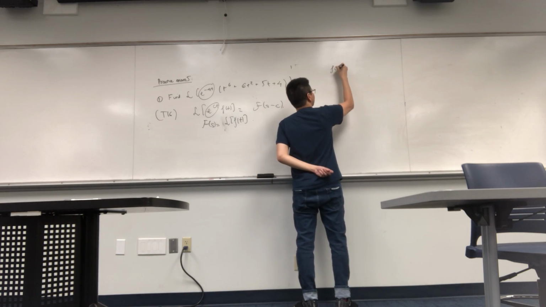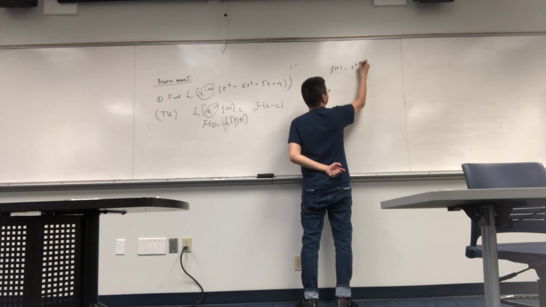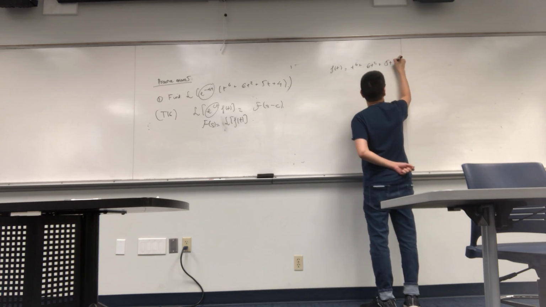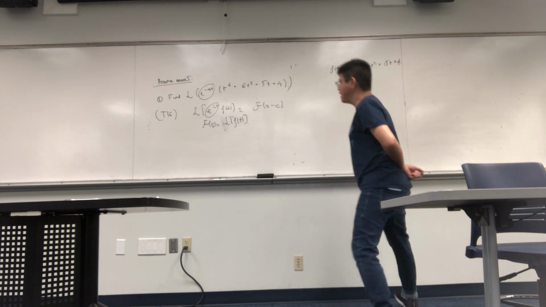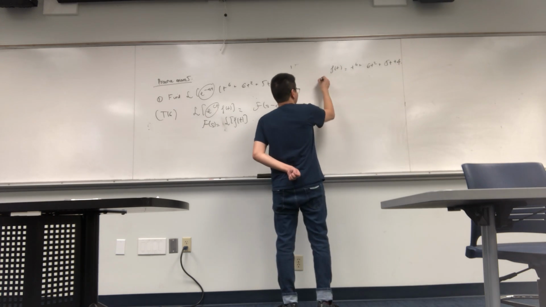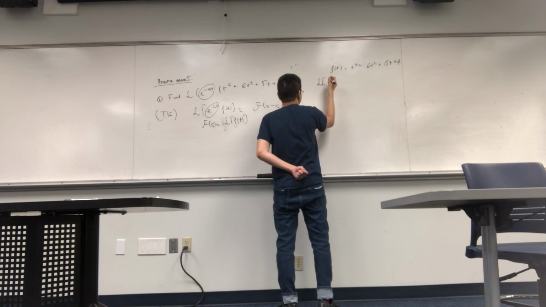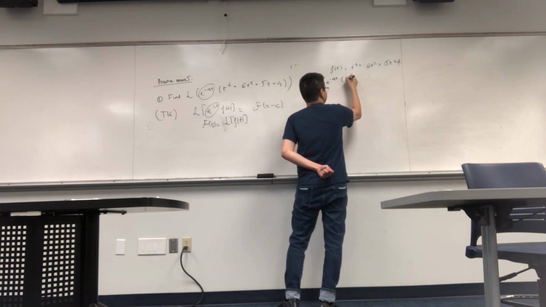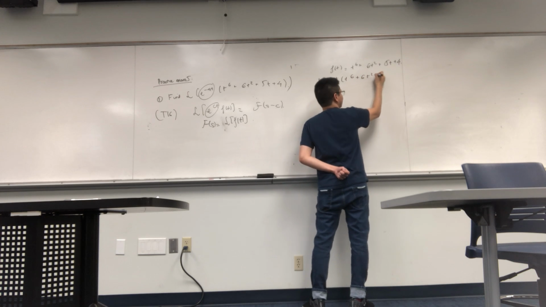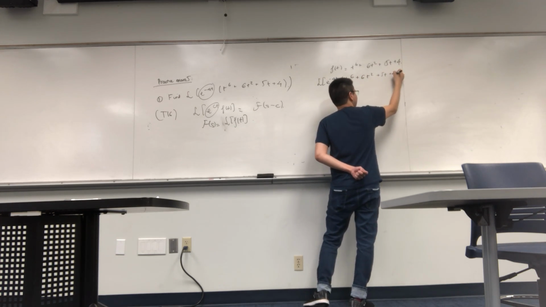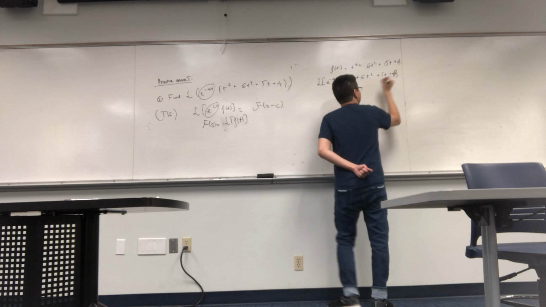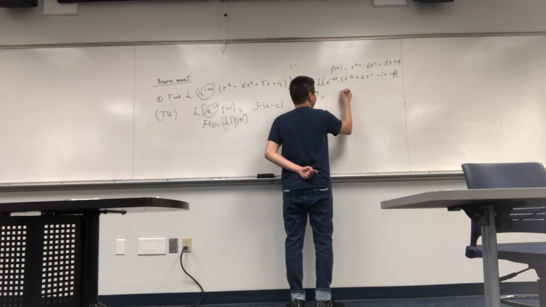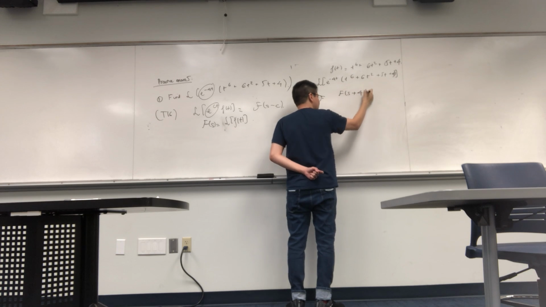So the whole polynomial will be the function f plus 6t squared plus 5t plus 4. All right. So the Laplace transform of e to the 4t times (t to the 6 plus 6t squared plus 5t plus 4) will be F of s minus 4, right?